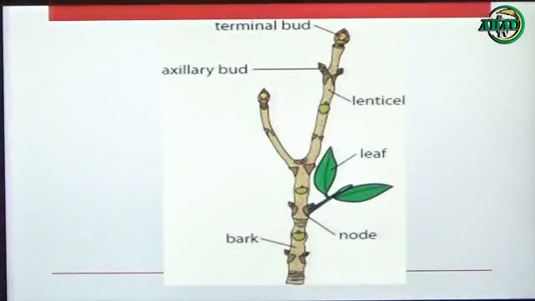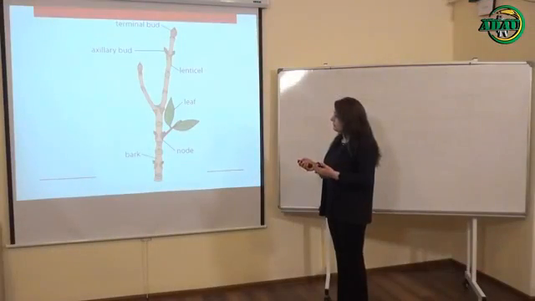And buds which are located on the sides of the stem are called lateral buds. Here you can see a node, the place of attachment of the leaf to the stem, and in the axil of the leaf is located an axillary bud.